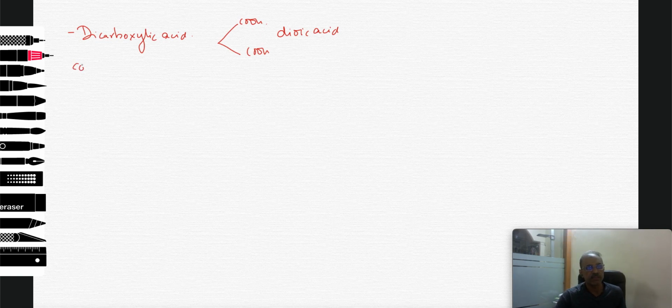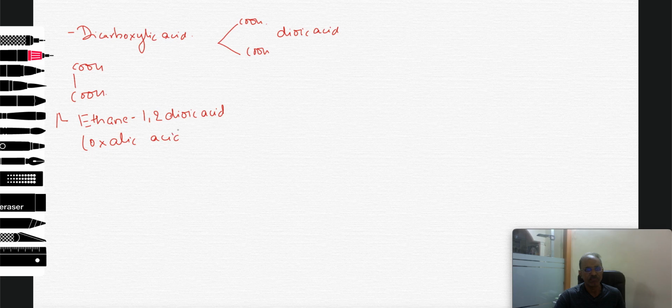Suppose we take COOH and COOH, and it will be ethane-1,2-dioic acid. Ethane because 2 carbon atoms, ethane-1,2-dioic acid, or the common name happens to be oxalic acid. Ethane-1,2-dioic acid or oxalic acid.